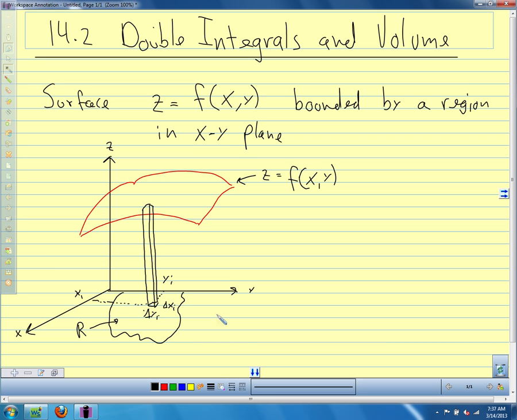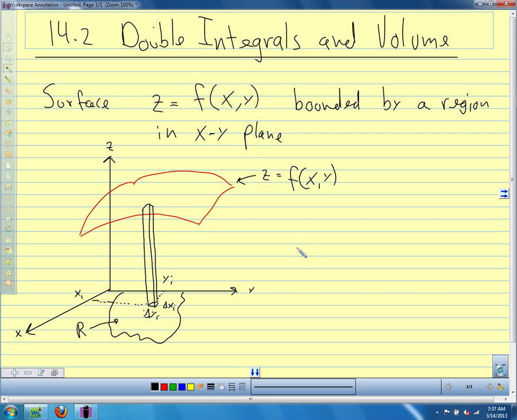So the volume of this little piece is going to be given by the area of the base times the height.